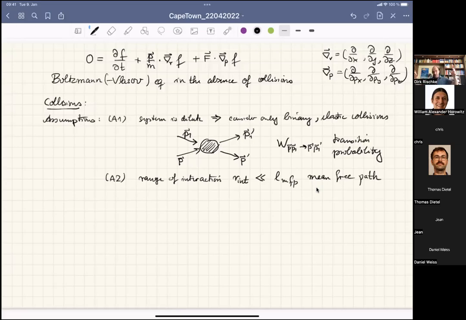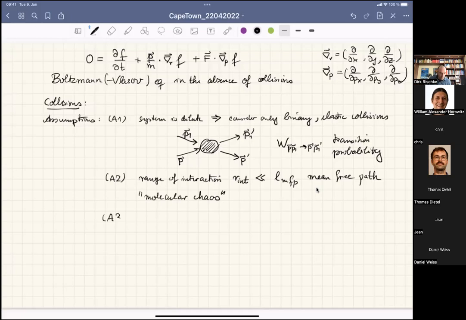And that distance which they propagate is very, very large. Then something happens in a small range of interaction, and then again they propagate freely. This allows you to neglect correlations between the particles between collisions. You treat them as free between collisions. This is sometimes also called the molecular chaos assumption. If you look this up in the literature, you'll find this.